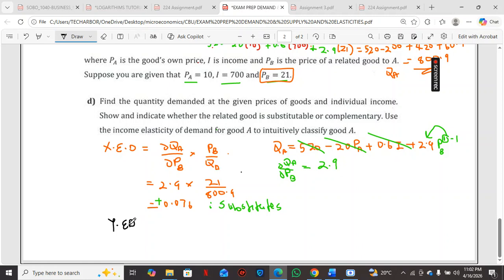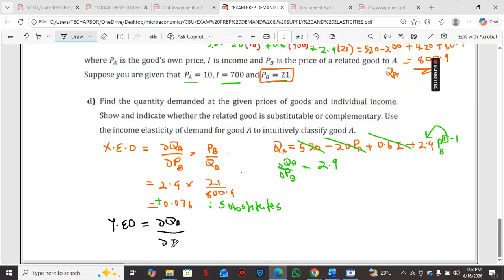Your income drops, you buy less of that good. That's a positive income elasticity of demand. A negative income elasticity of demand, inferior goods, meaning your income increases, you buy less of that good. Okay, your income drops, you buy more of that good.